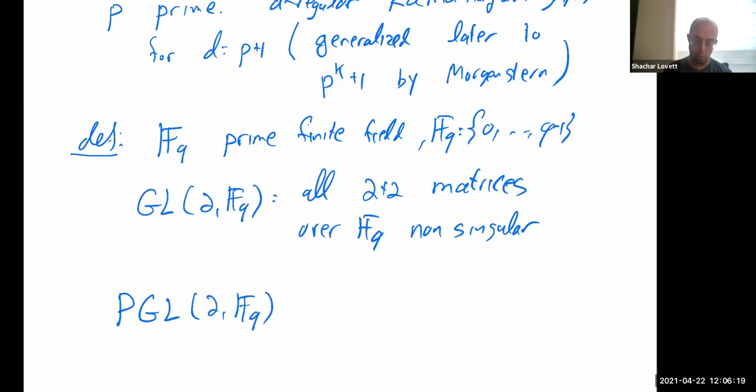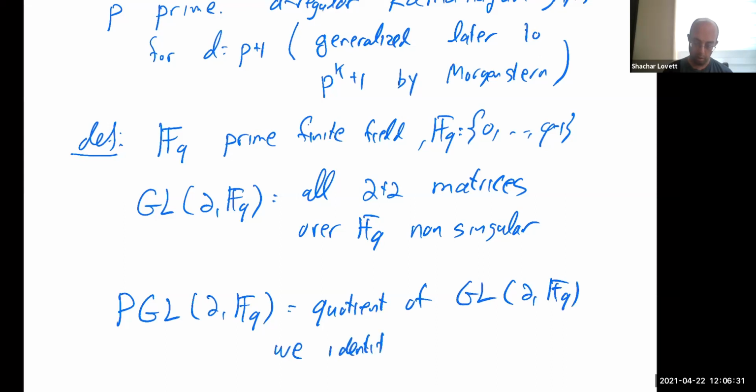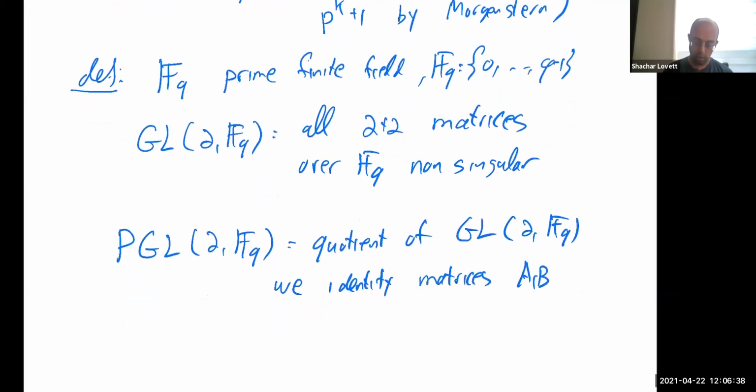So it's going to be a quotient of GL2(F_q), where we identify matrices A and B if they're the same up to a scalar, if A is alpha B for some alpha in F_q.